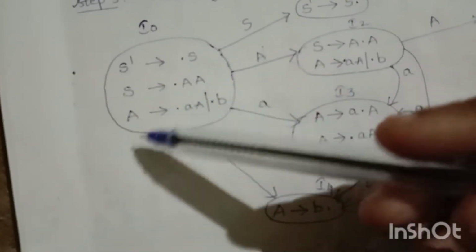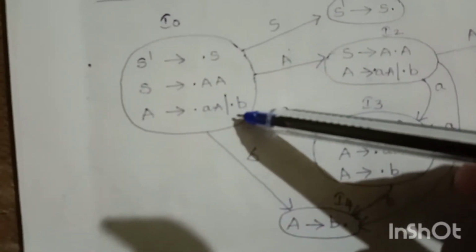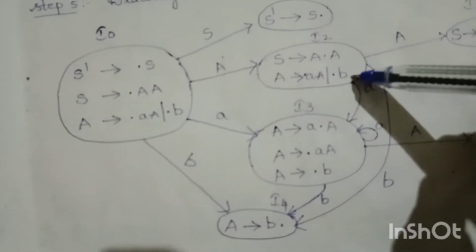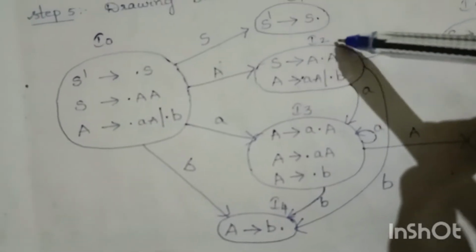So as A is a non-terminal, for A we have the productions A tends to dot aa or dot b. So A tends to dot aa or dot b. That also you need to write here. So this is considered as state I2.